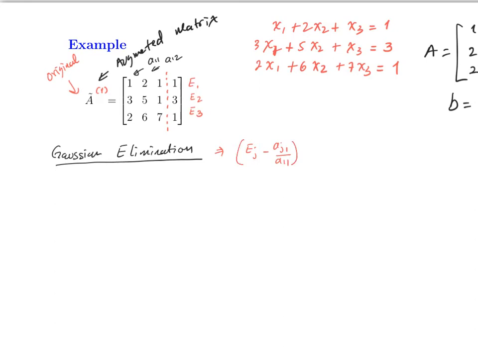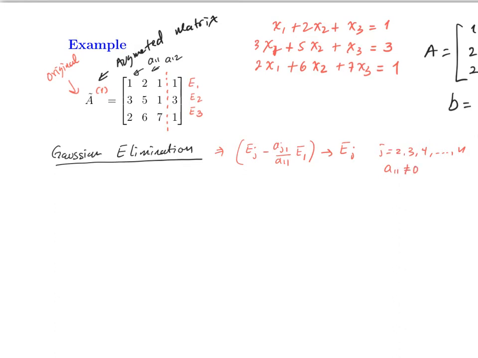This is just the more formal way to do this. You should review what you know about this topic and put it in here. And then this will be E1, which is the first row. And whatever you get, you're gonna put it in row J or equation J, where J is equal to 2, 3, 4, all the way to N, and clearly A11 cannot be equal to 0.